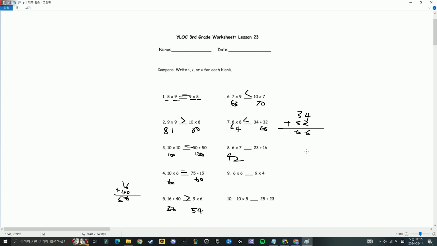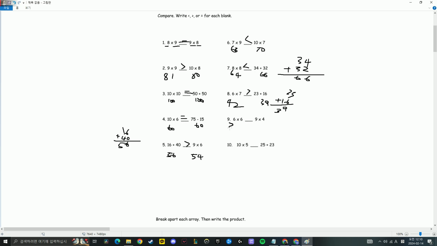This one is 42. Let's do 23 plus 16, that is 39, and 42 is greater, because 4 is greater than 3. 6 times 6 is 36, and 4 times 9 is 36, so they are the same.